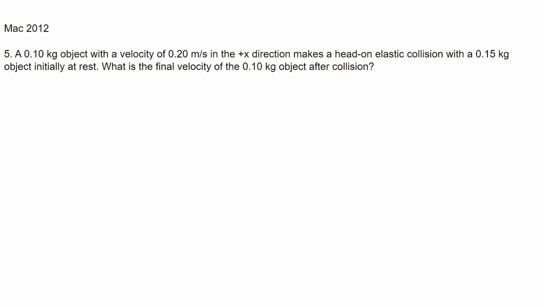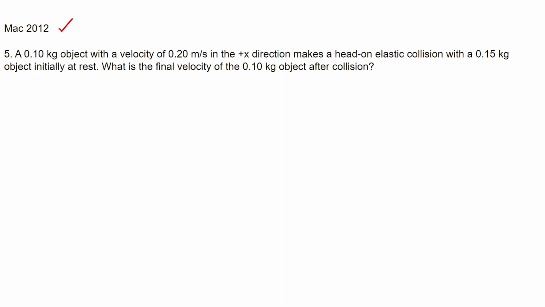Okay, let's move to question number 5. Past year March 2012. A 0.1 kg object with a velocity of 0.2 meter per second in the x direction makes a head-on elastic collision with a 0.15 kg object initially at rest. What is the final velocity of the 0.1 kg object after collision?